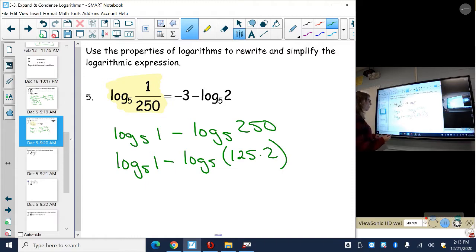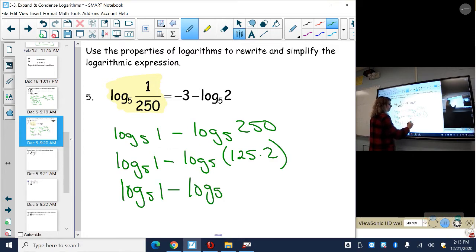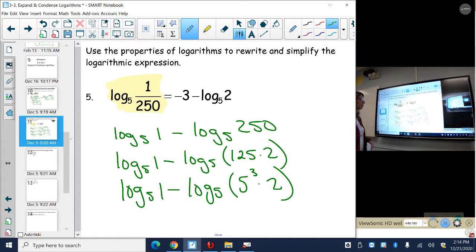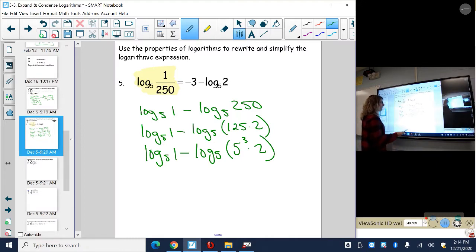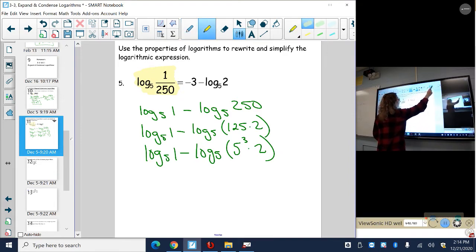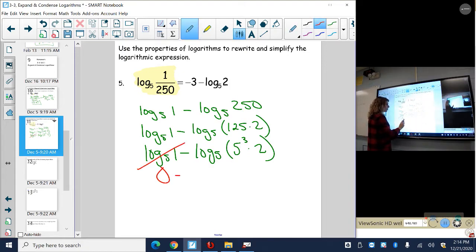This is log base 5 of 1 minus log base 5 of 5 cubed times 2. Keep going. Log base 5 of 1 exponentially says 5 raised to what power is 1? If you answer that this is going to be a 0, you are right. That turns out to be 0.